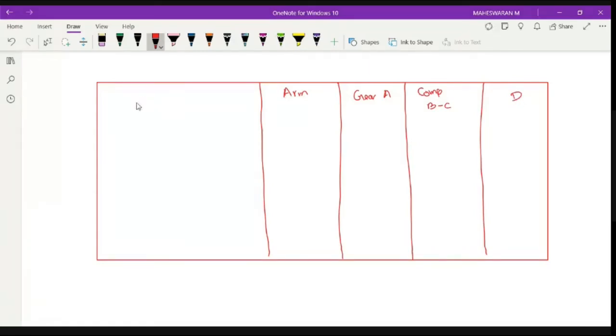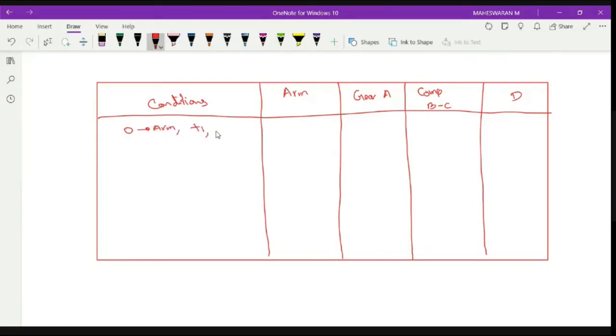So conditions. The first step is I am fixing my arm, 0 for arm and +1 rotation, counterclockwise for gear A, right?